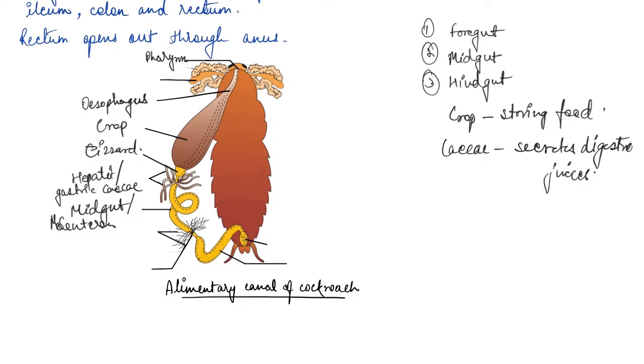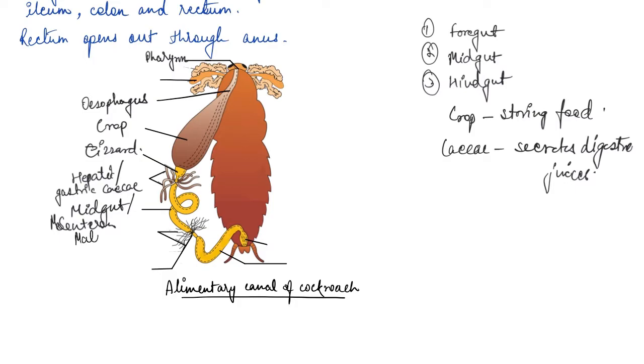Next is this junction, guys, at the junction of the midgut and hindgut. Here you have a lot of thin filamentous structures. These are around 100 to 150 in number, yellow colored, thin and filamentous, and these are nothing but Malpighian tubules.